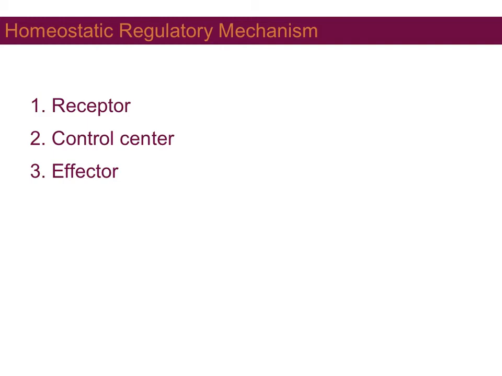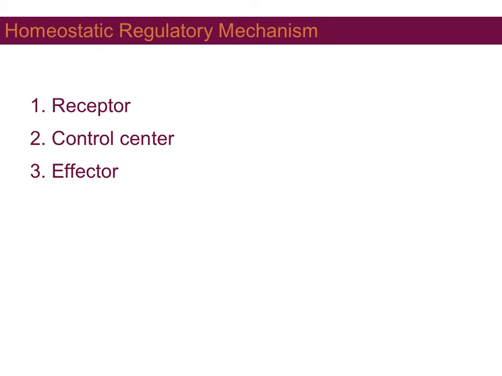And then there's the control center, which knows, quote, what the set point is. So that kind of oversees where the body should be, and then the effector can produce the response.